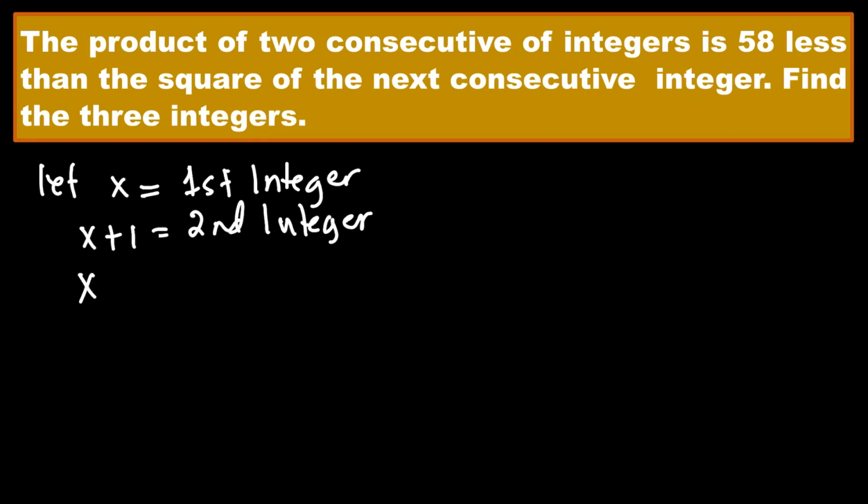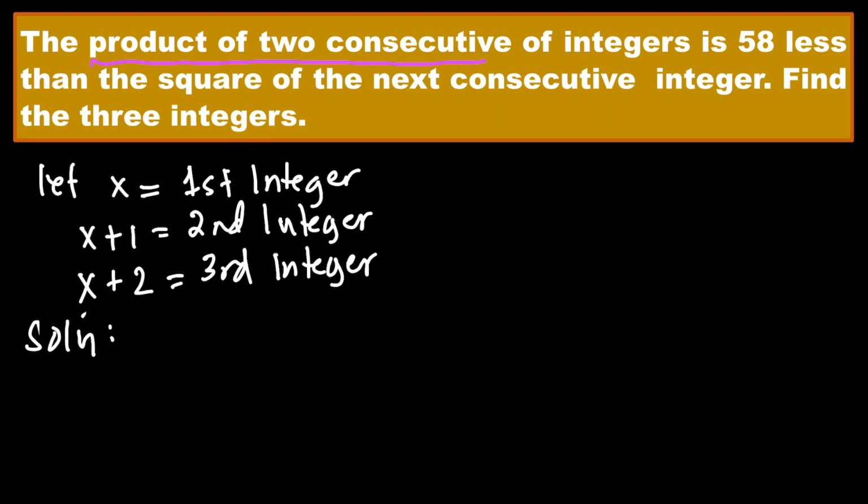And our third integer will be x plus 2. So this will be our third integer. Alright. Now the problem states the product of two consecutive integers.